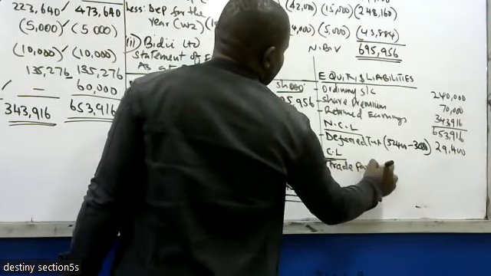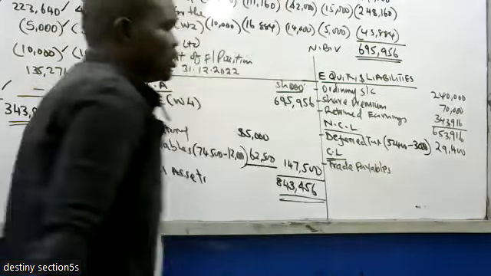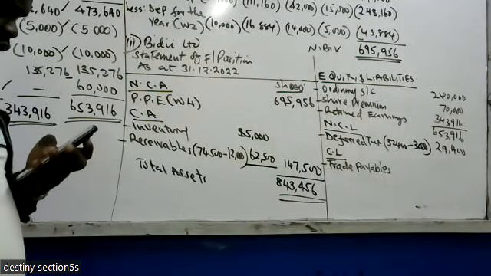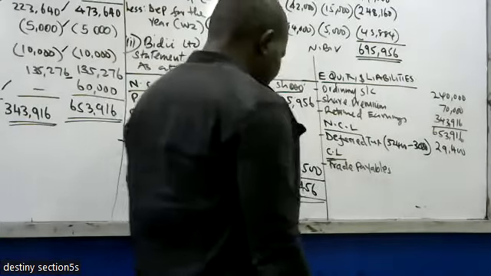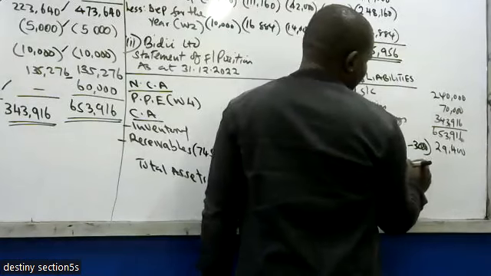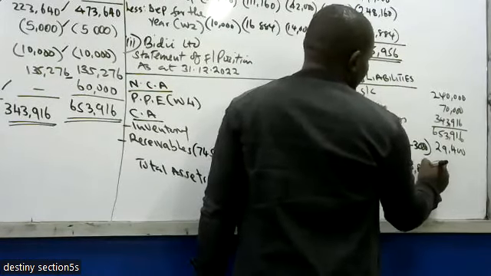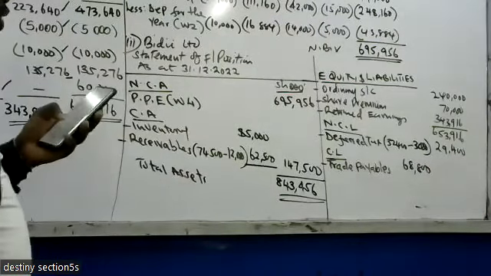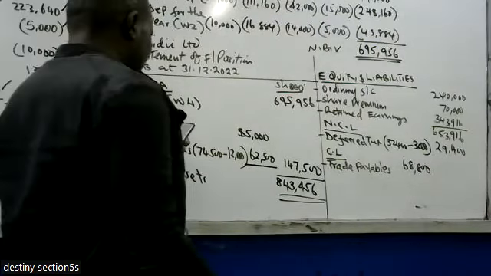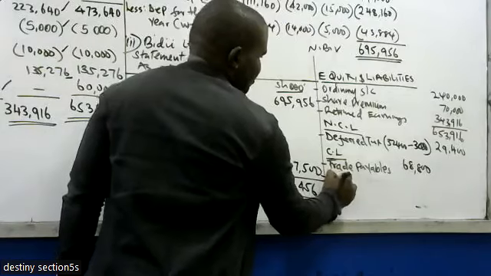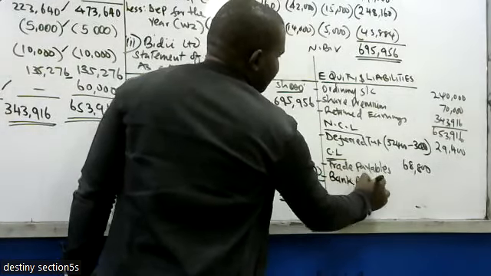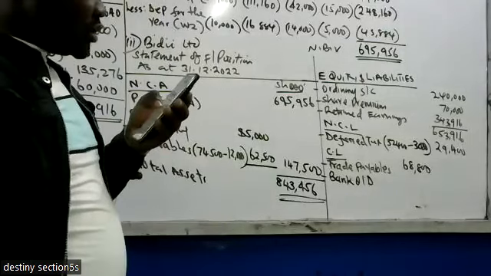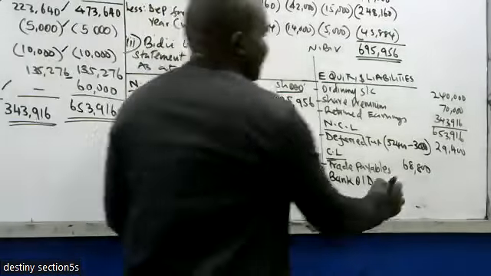Then current liabilities, we check current trade payables. Trade payables in the trial balance, there was no adjustment, 68,800. Then there was bank balance, which is overdraft. So bank overdraft, it is appearing on the credits. So that's why it is an overdraft. So that is 15,500.